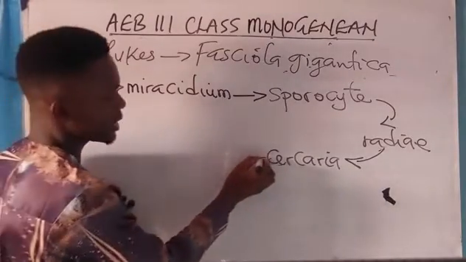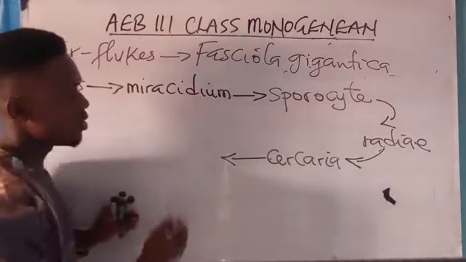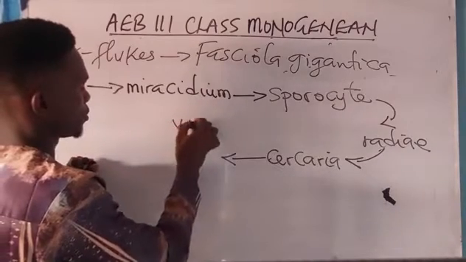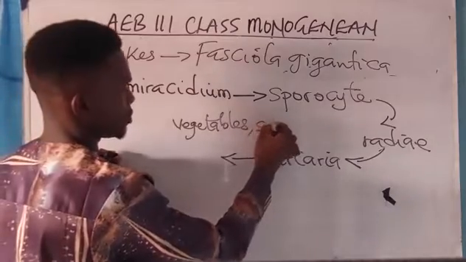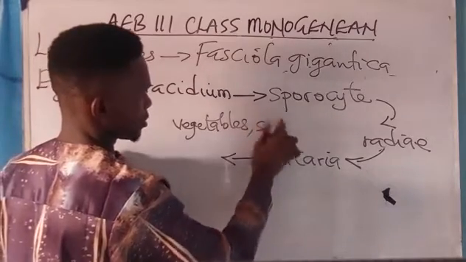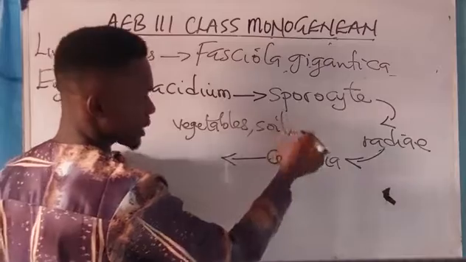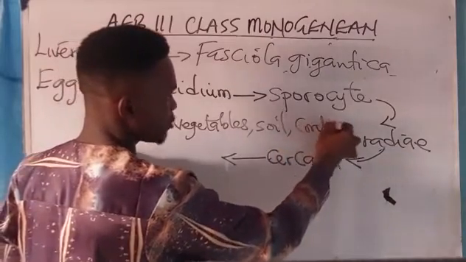Now this Cercaria insists on vegetables. It is also in the soil, and it also gets in contact with what? Contaminated water.